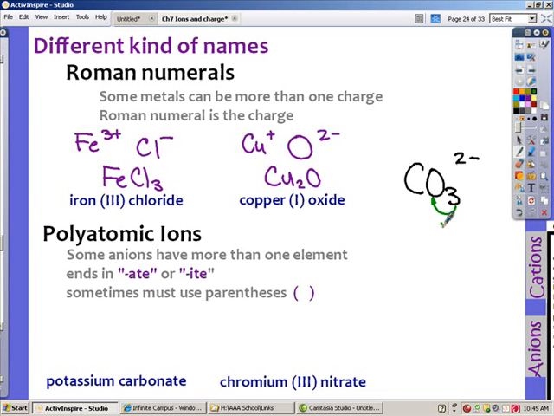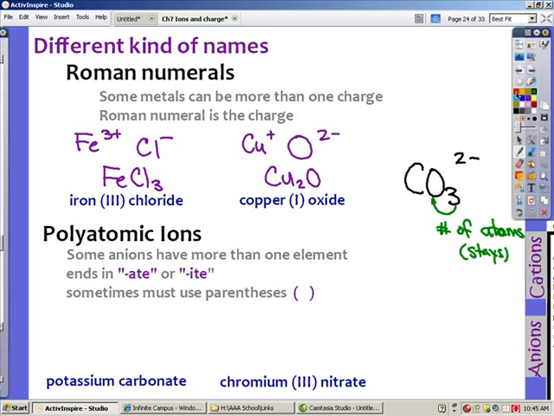That tells me the number of oxygens in this group, and it stays with it. As long as it's a group and doesn't chemically decompose, that 3 is going to be sitting right next to that oxygen, because it tells me I have 1 carbon and 3 oxygens in this group.